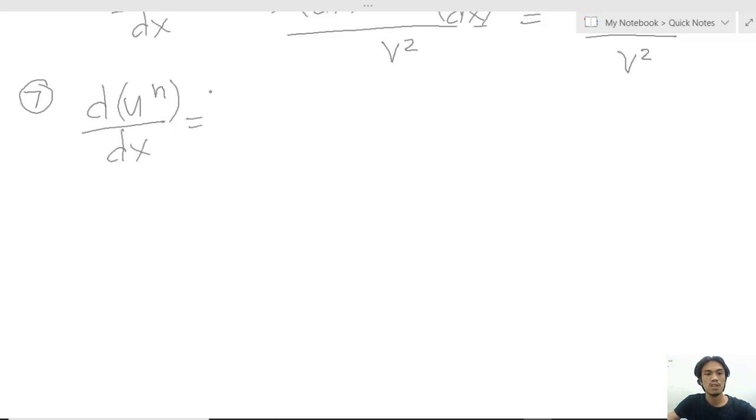For this one, we bring down the exponent n, copy the base u, and the exponent now will be n minus 1. Multiply this by the derivative of the base with respect to the variable you are considering. This is the power derivative of an exponent.